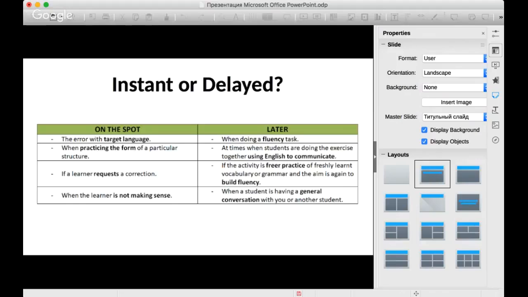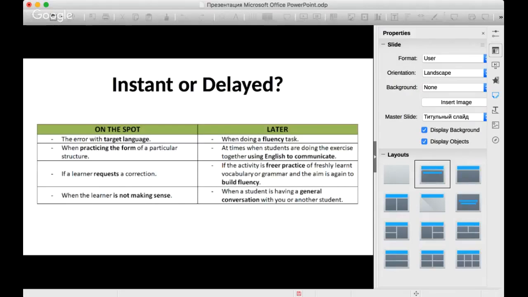It means that if you practice, for example, present simple with them, and if they need to say that he goes to school every day, but they say he go, yeah, then in this case, you need to correct this mistake on the spot, yeah, so that the student understands that it is really a mistake.